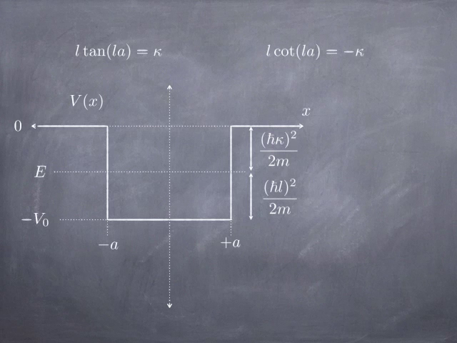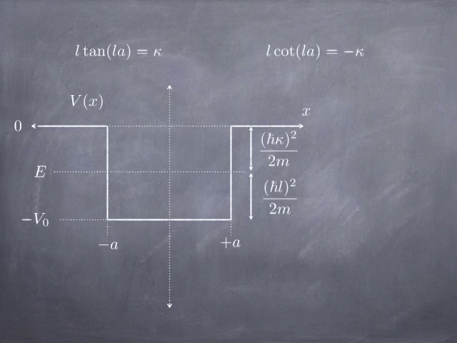Now, the other thing that's interesting is outside the well, when the energy is less than 0, you get an exponentially decaying wave function. If you compute the kappa, the exponential decay factor outside the well, you'll find that h bar kappa squared over 2m is just the depth of the energy below 0.